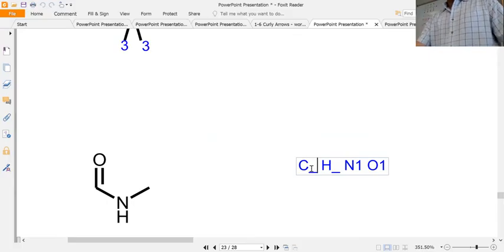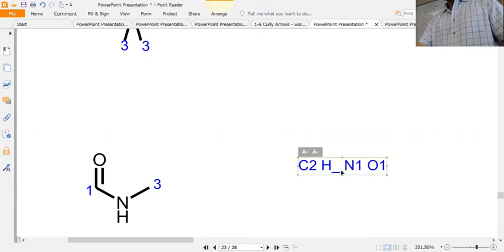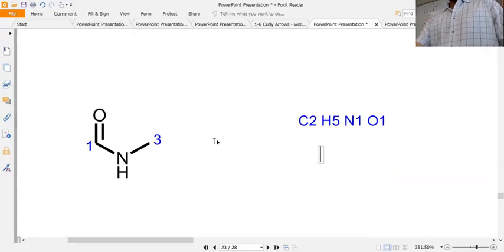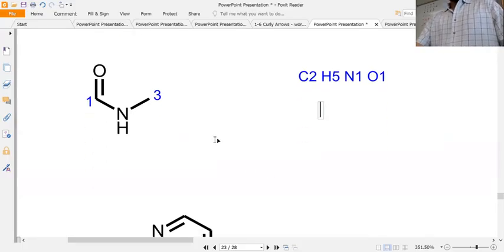C2, correct. And then H5. Wow. Excellent. 1 here, 3 here, 1 given, 5. That's the 5. You guys have very analytical minds. C2H5NO. Okay. And let me just circle that just to be sure.